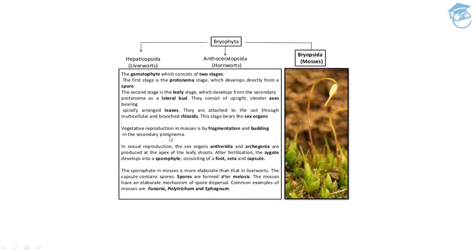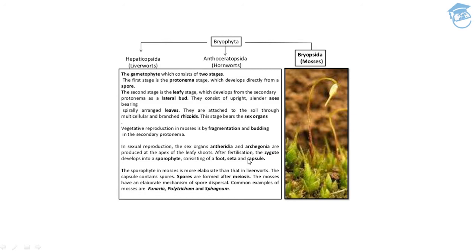Vegetative reproduction in mosses takes place by two processes. First is fragmentation and second is budding. Budding means bud off, from the secondary protonema. Apart from these two processes, sexual reproduction takes place, in which the sex organs, antheridia and archegonia, are produced at the apex of the leafy shoot.